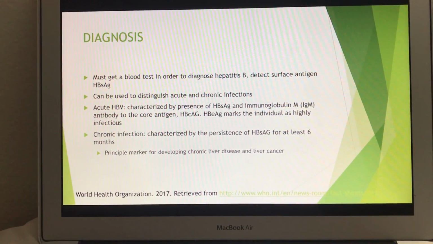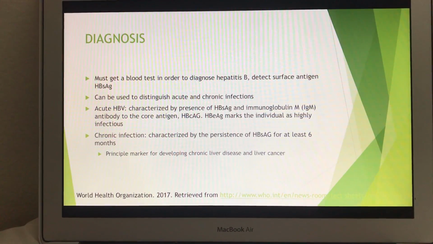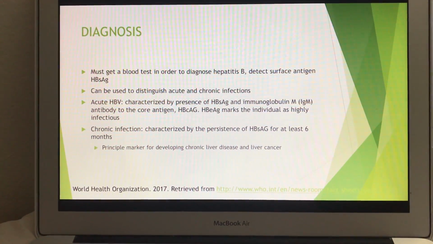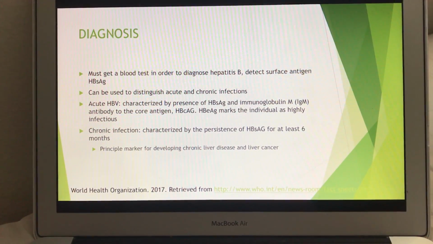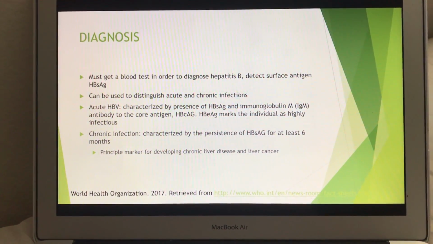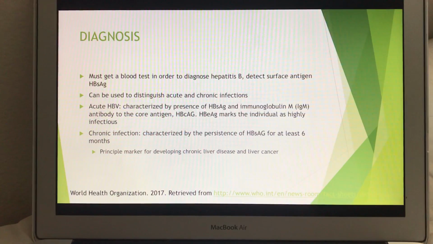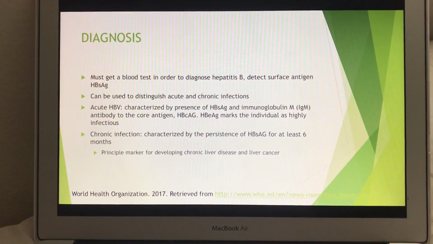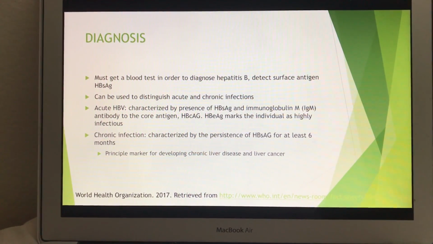HBeAg marks the individual as highly infectious. Chronic infection is characterized by the persistence of HBsAg for at least 6 months, so it is the principal marker for developing chronic liver disease and liver cancer.